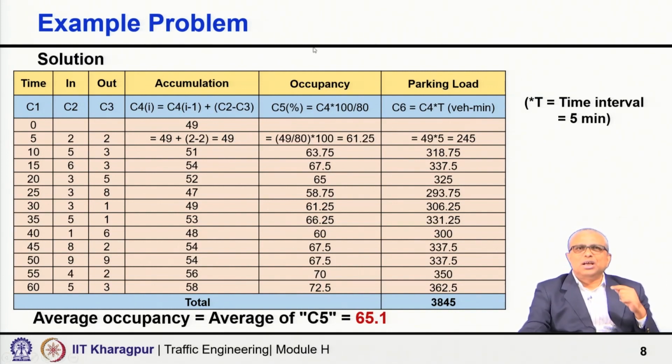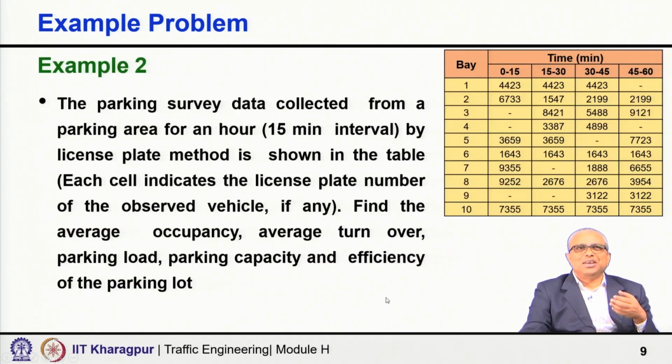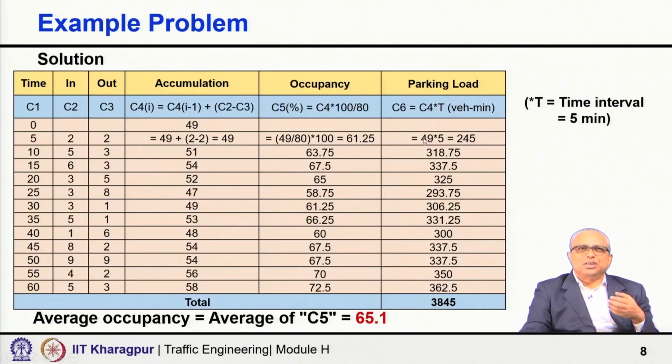So, what is the average occupancy? Average of all these values, that is about 65.1. What is the total parking load during this entire period of 1 hour, 60 minutes? Sum of this. So, you can calculate the parking load, occupancy, accumulation, everything, and average occupancy also.